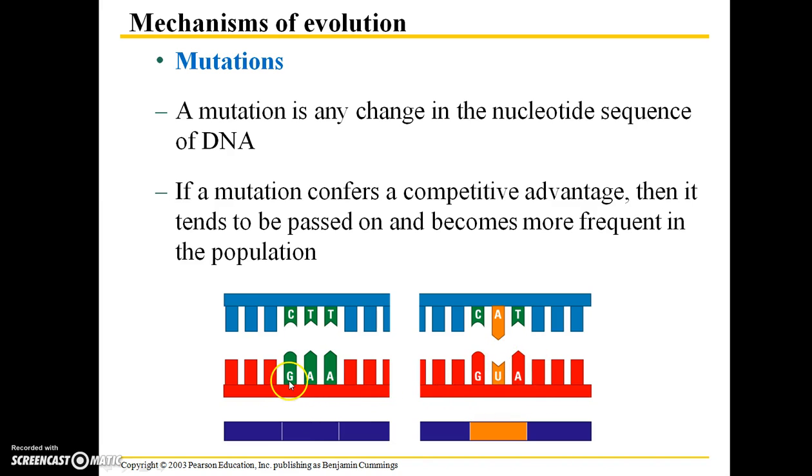So instead of being GAA, it's going to be GUA in this case, and that is going to potentially form a whole different protein. If that mutation is actually advantageous, then just like any other adaptive trait, it's going to be passed on in greater frequency than one would expect if it were neutral or disadvantageous, and it becomes more frequent in the population.